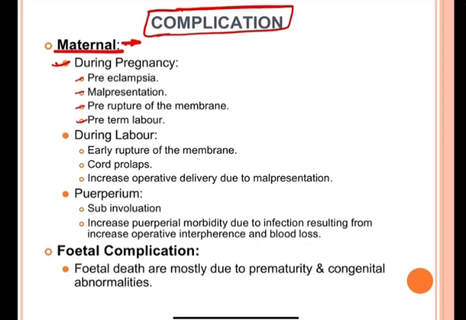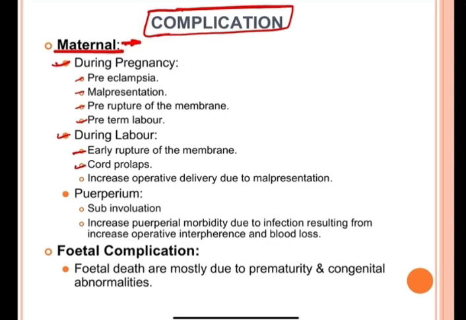So why does malpresentation occur? Because if liquor is more, the baby will not engage. It will float freely in the amniotic fluid. That will increase the chances of malpresentation. Also, more liquor will cause stretching and distension of the membranes that leads to their premature rupture and also preterm labor. During labor, early rupture of membranes can occur.